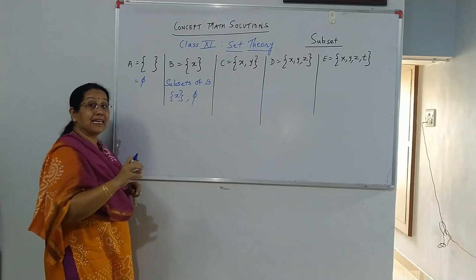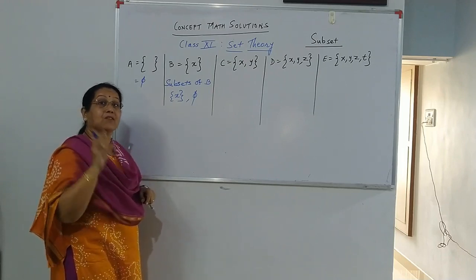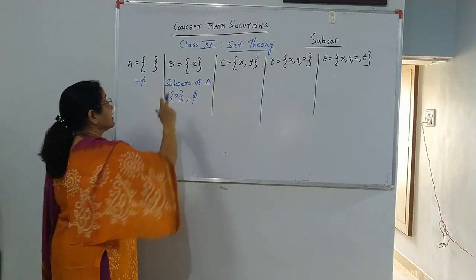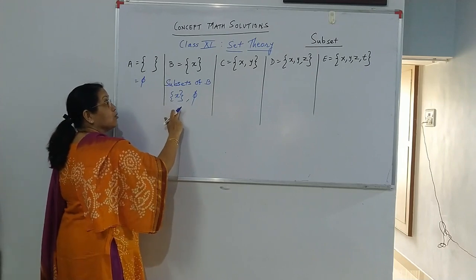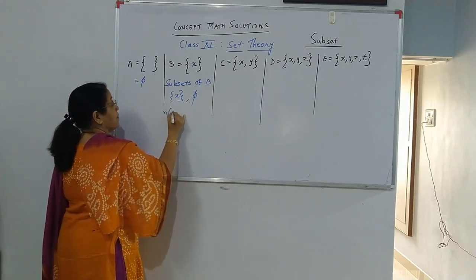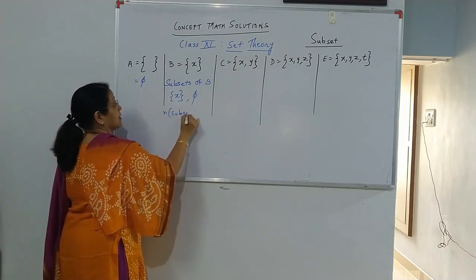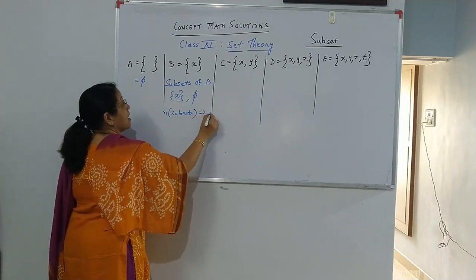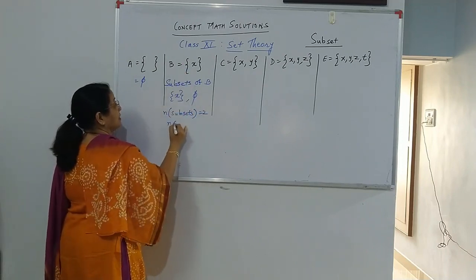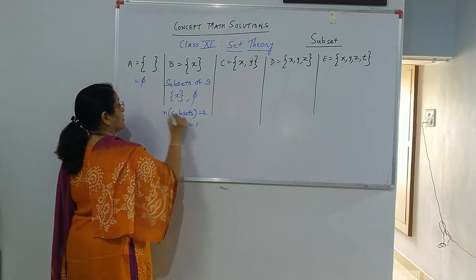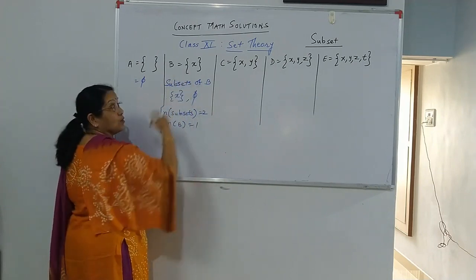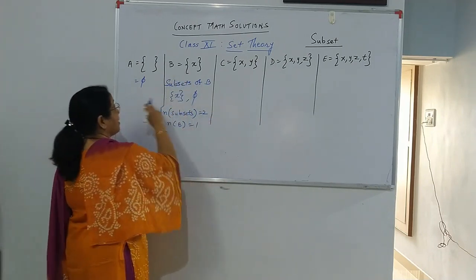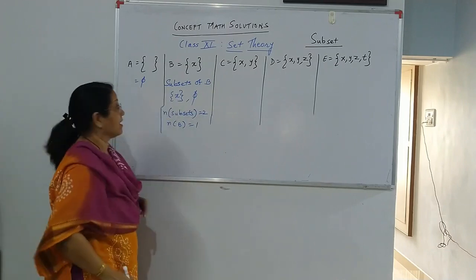And a null set, the empty set, is a subset of every set. That is, this set has two subsets. Number of subsets is 2 here and number of elements in B is 1. How many elements does B have? Only 1. I am coming to this after I discuss that.